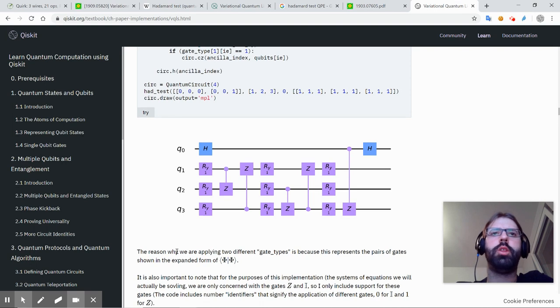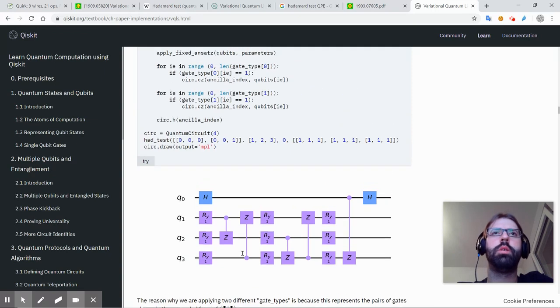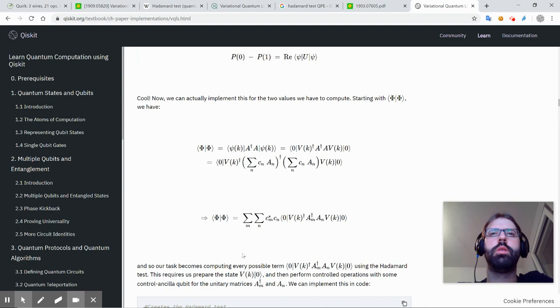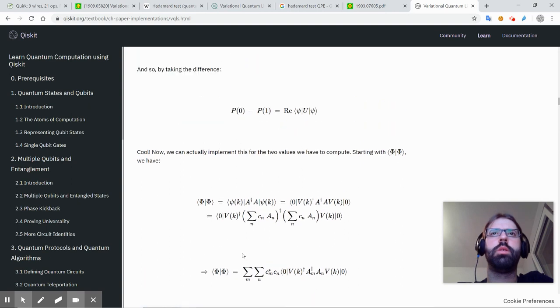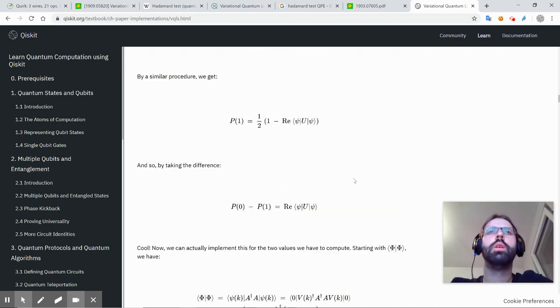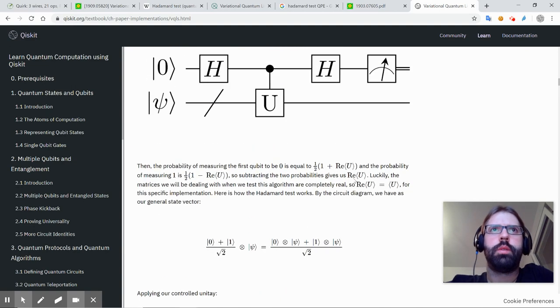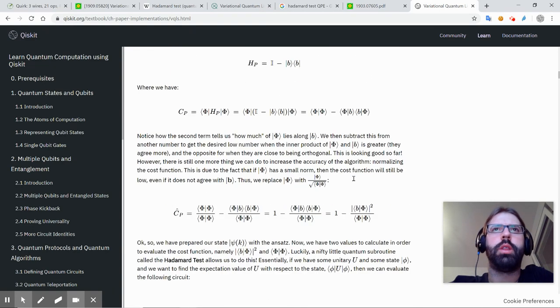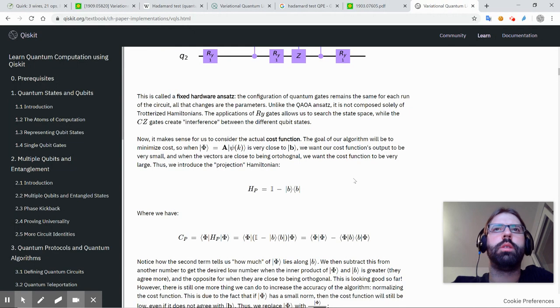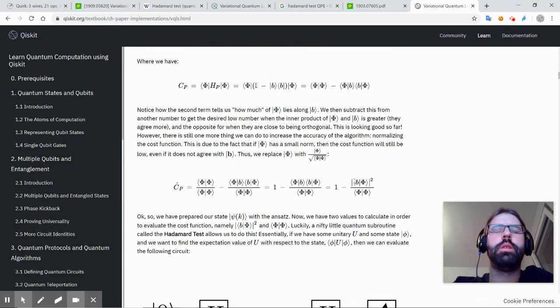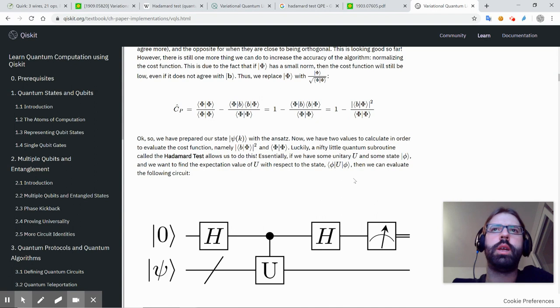The reason why we're applying two different gate types is because this presents the pairs of gates shown in the expanded form. So the Hadamard test: a nifty little quantum subroutine called the Hadamard test allows us to do this.